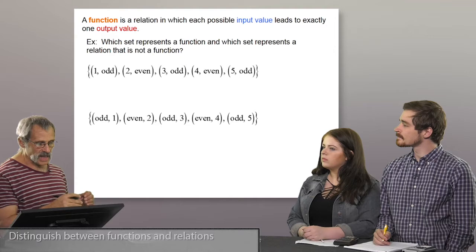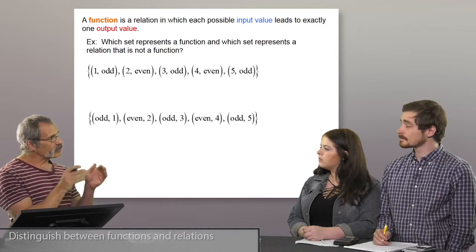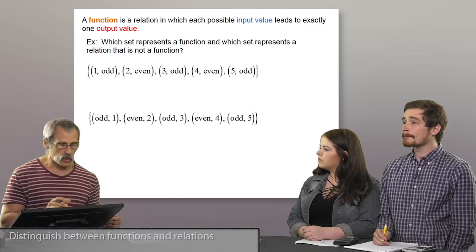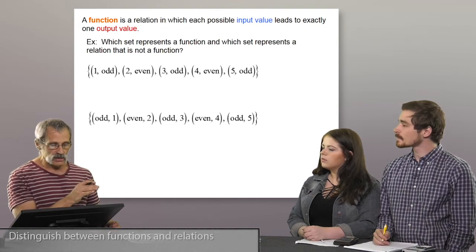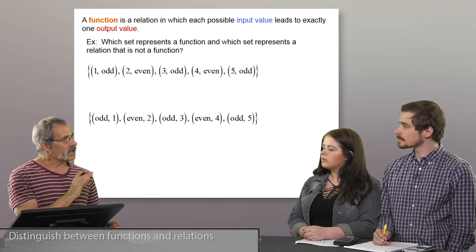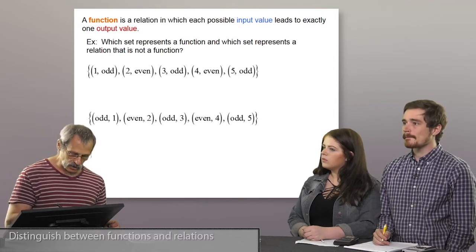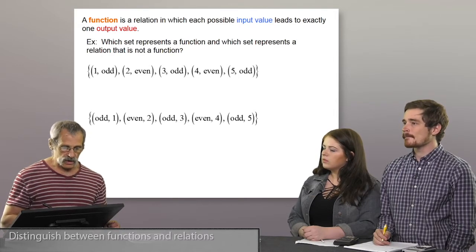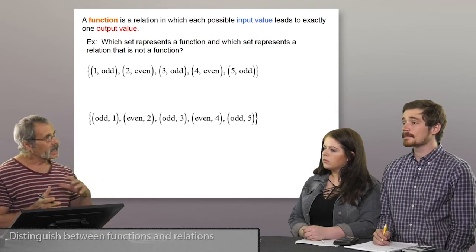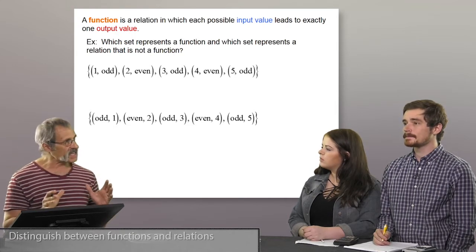Now I'm going to look at 2 more sets of coordinate pairs and ask a very basic question: which set represents a function and which set is a relation that's not a function. If I want to be visual about this, I'll look at my inputs for my very first set.